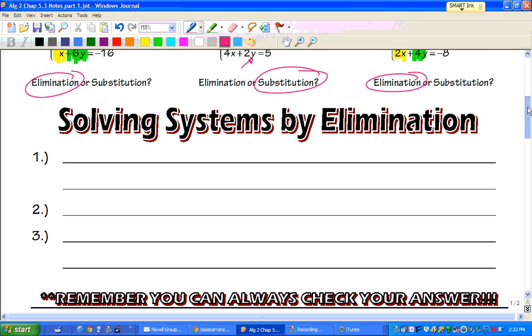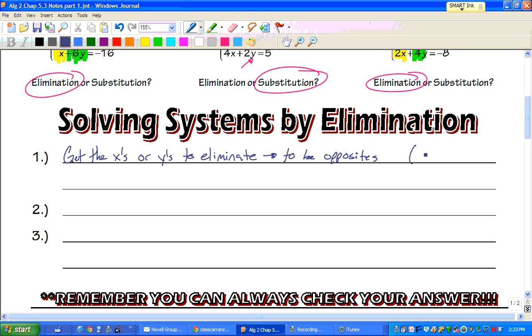All right. The steps. So here are the steps to solving systems by elimination. Step 1, you want to get the x's or the y's to eliminate. And if they eliminate, we want them to be opposites.